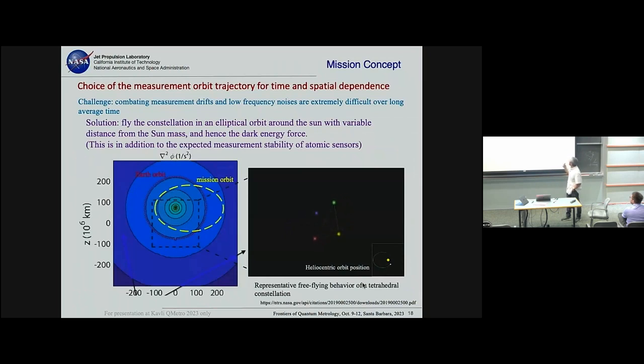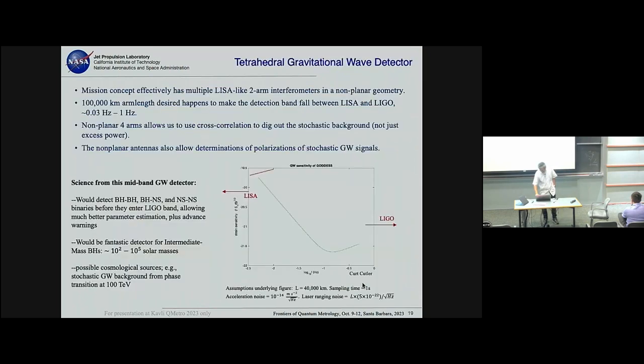With this configuration, the designed separation of satellites is on the order of 10 kilometers to 100 kilometers, so far shorter than LISA.